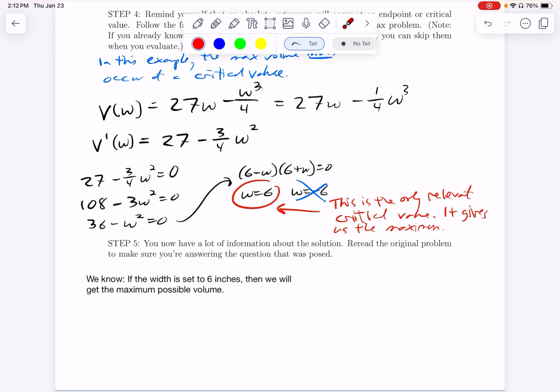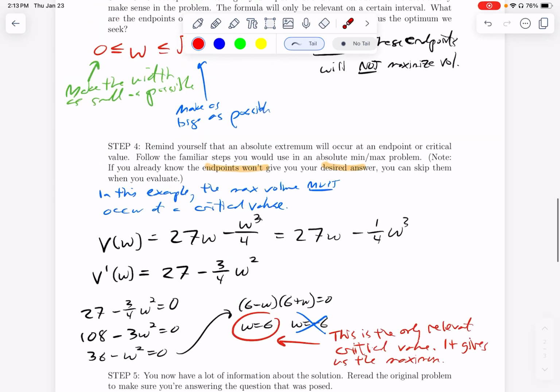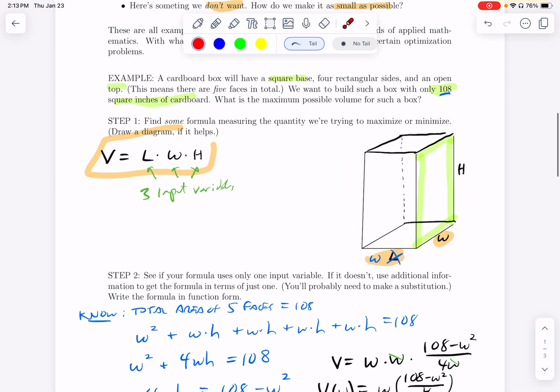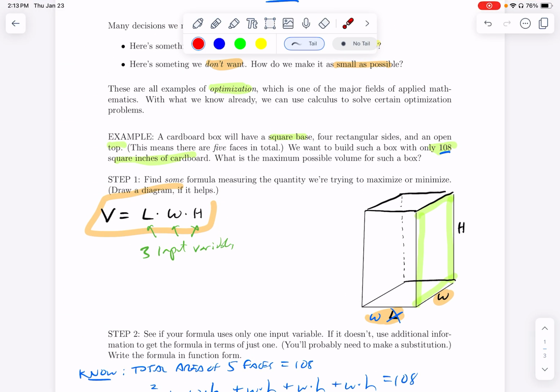But now, what is step 5? Right? We have a lot of information. Let's reread the original problem to make sure that we're answering the question that was actually posed. So if I scroll up here, right, the question is, what is the maximum possible volume? So we have not answered that, right?